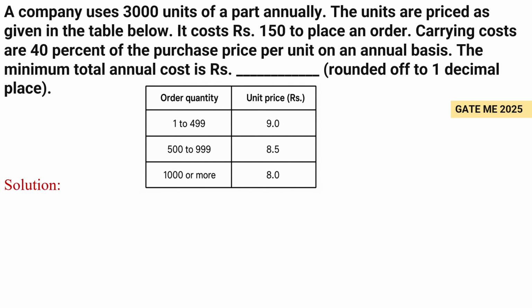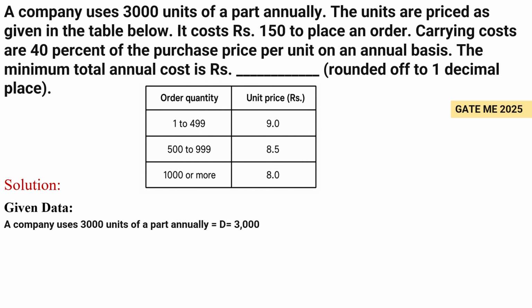Let's see the solution. First, write down the given data. A company uses 3000 units of a part annually, so it is the annual demand. Let's consider capital D equal to 3000. The units are priced as given in the table below. So here there are two price breaks.